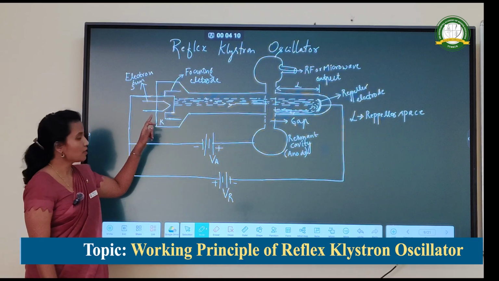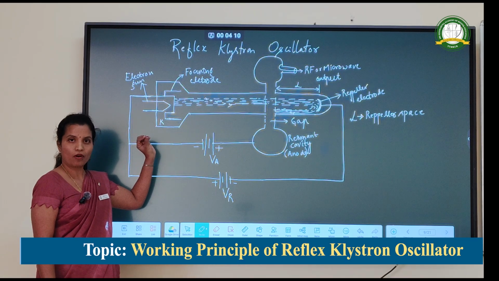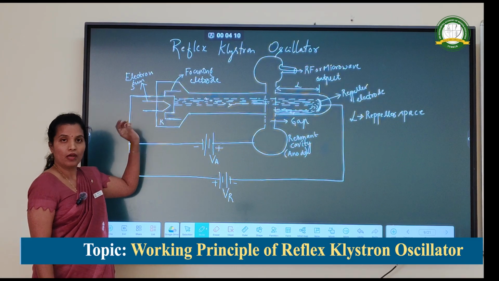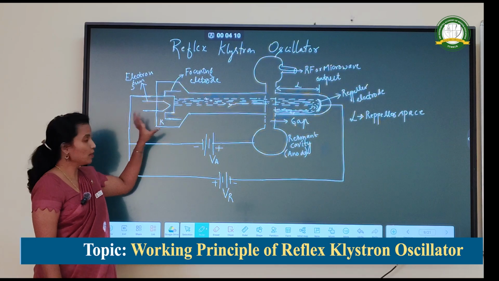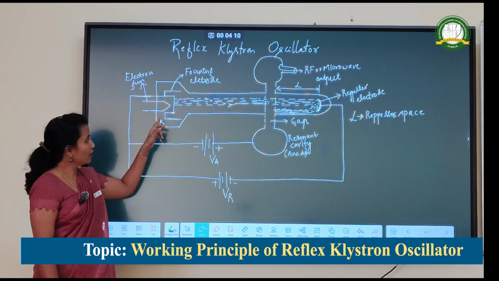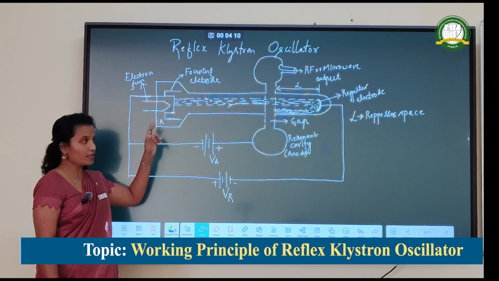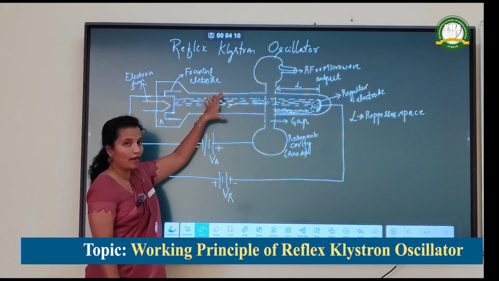It basically consists of an electron gun which is used to emit the electrons, and that is supported by a focusing electrode which is used to focus the electrons emitted by this electron gun, and that is connected to a negative voltage. Thus it acts like a cathode, and it consists of a vacuum tube.